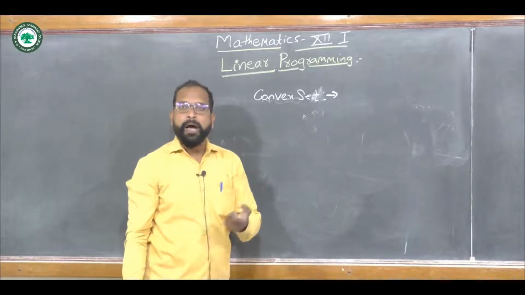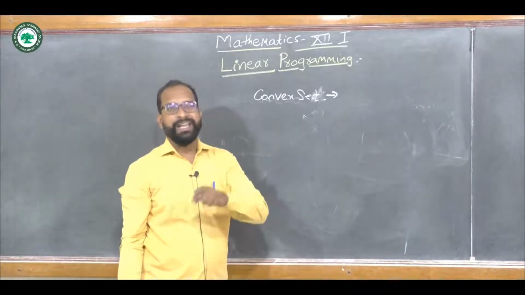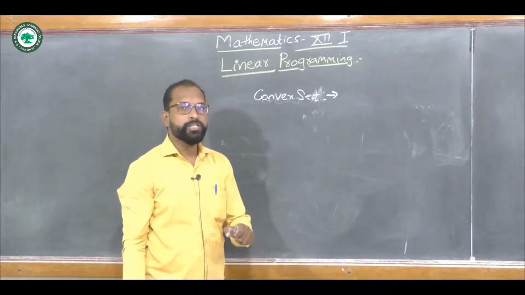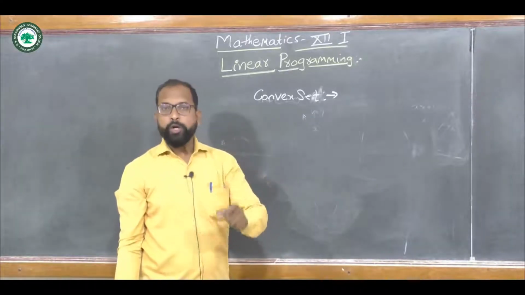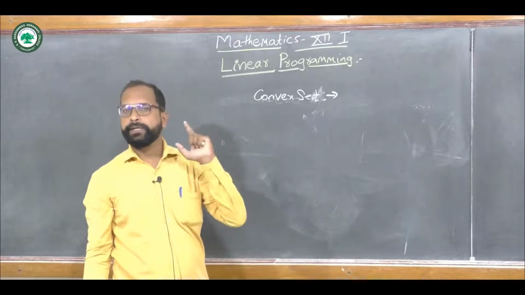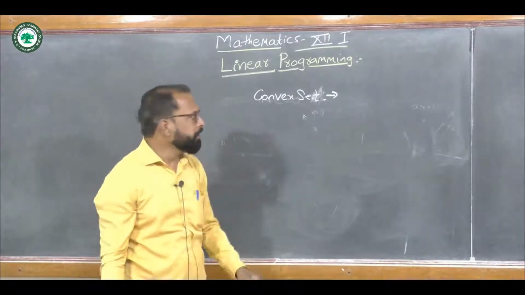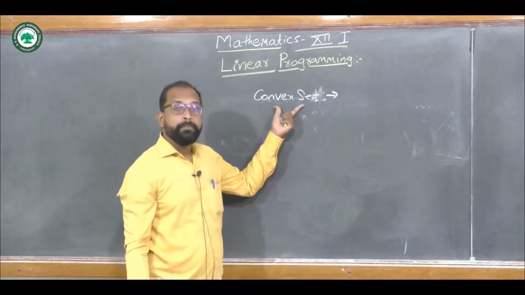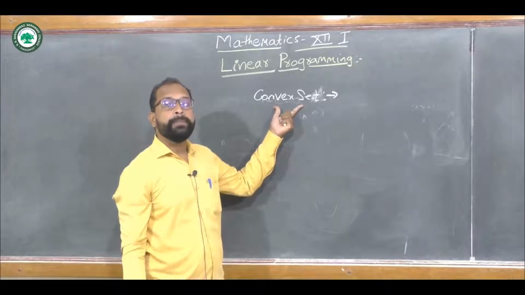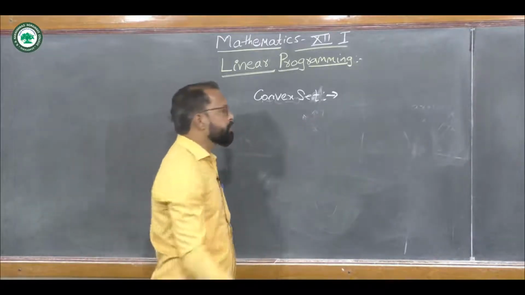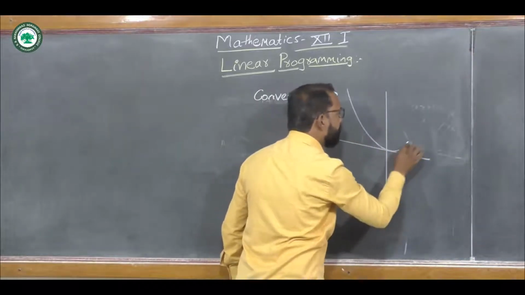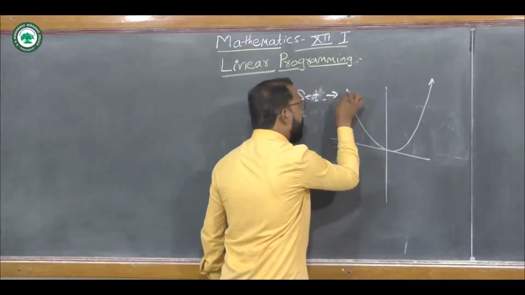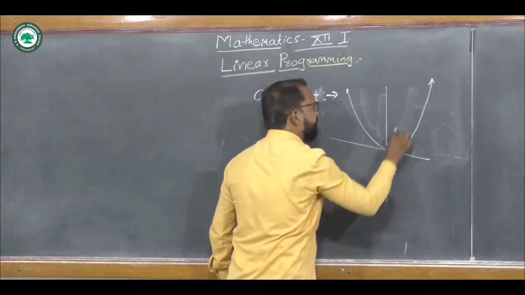Optimum means either the minimum or maximum value of that function on the boundary or corners of that convex set. And second, this convex set may be bounded or unbounded. If we consider a parabola, suppose this is the set.